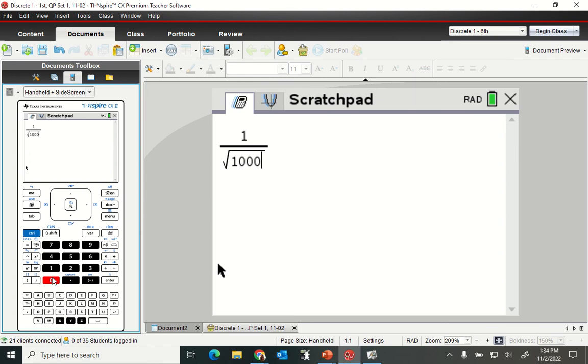The plus or minus tells me that I'm going to have a positive answer and a negative answer. So there's always going to be 2. So I just need to figure out what my number is, and then times 100. So what is my margin of error? 3.16%.